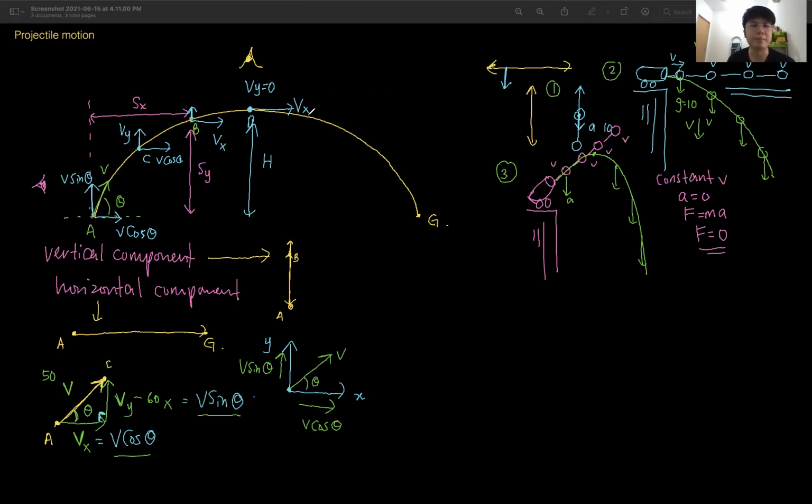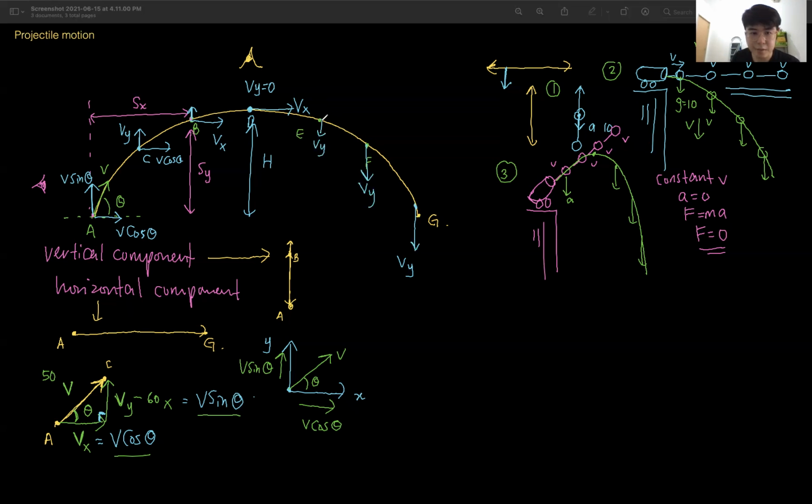Okay, now after this one, what happened after the max height here? Then we put, okay, point D, point E, point F, point G. The vertical component of the velocity now is acting downward, right? Now it's acting downward. So this one would be downward, Vy. And at F, it is larger already. Now it starts to increase because of the acceleration downward. This one, Vy, bigger. And at the point close to the ground, it will have the maximum Vy.